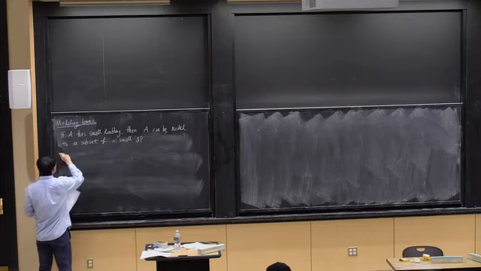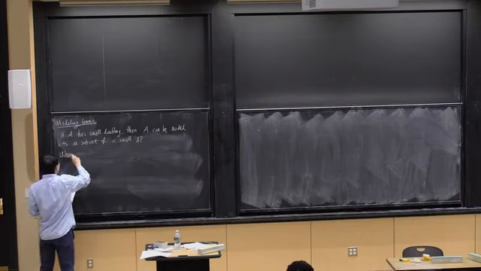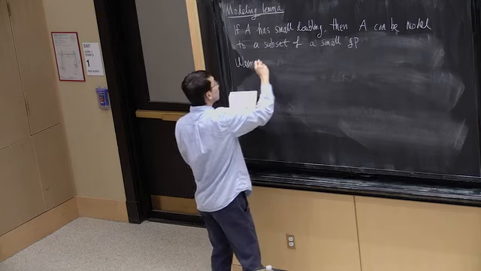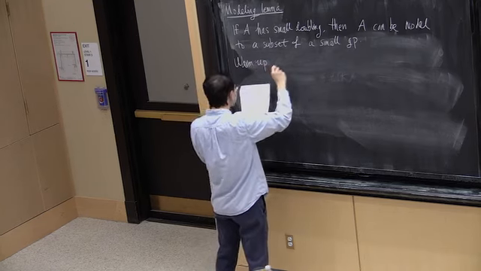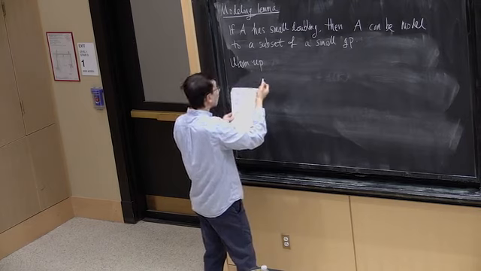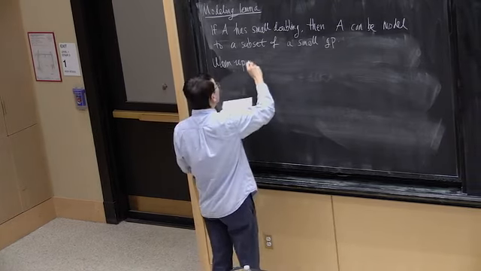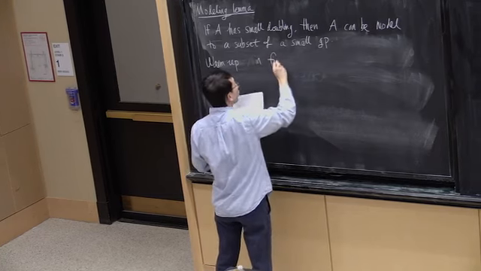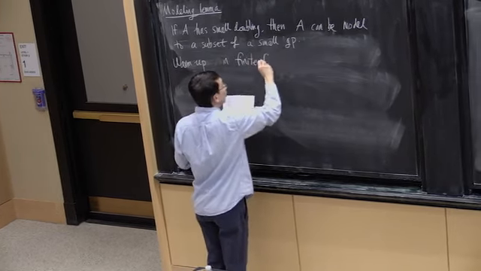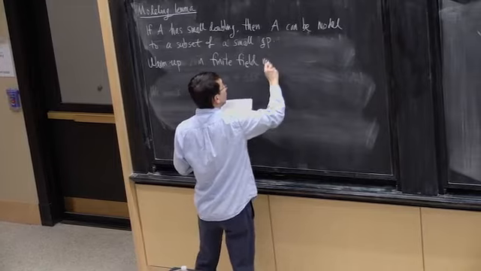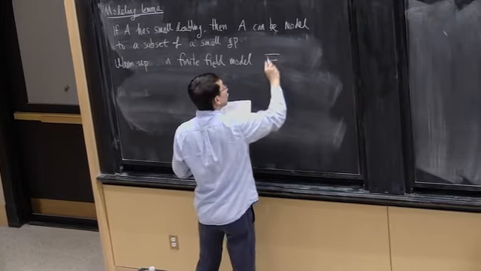Okay, so first as a warm-up, let's work in the finite field model just to see what such a result looks like. It contains most of the ideas, but it's much cleaner than in the integers. So in the finite field model, specifically F2 to the n.